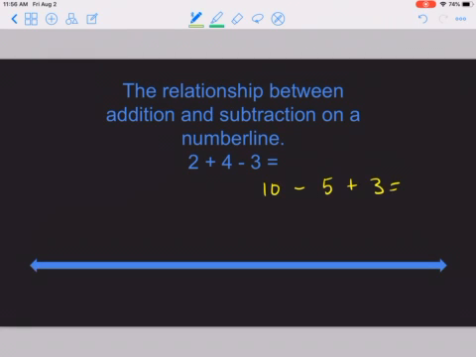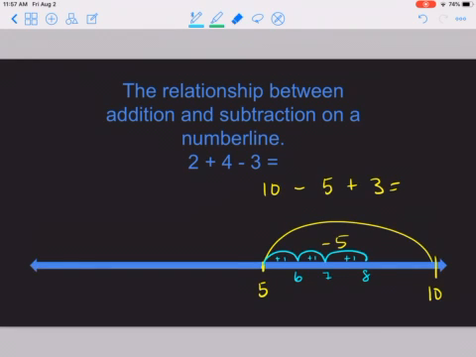If we started at 10, you're going to jump back 5. 10 minus 5, we touch the line here. 10 minus 5 is 5, and then plus 3 more. I'm going to jump up 3. 1, 2, 3. So this would be plus 1, plus 1, plus 1: 6, 7, 8. So we're just moving forward and backwards on the number line here.